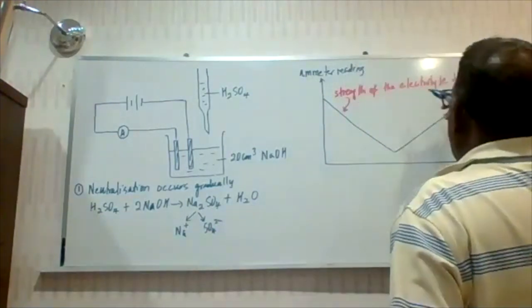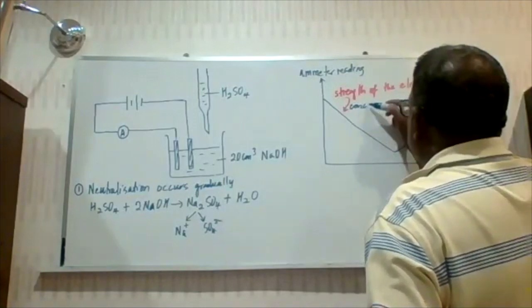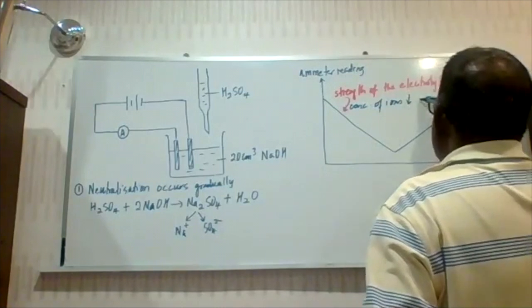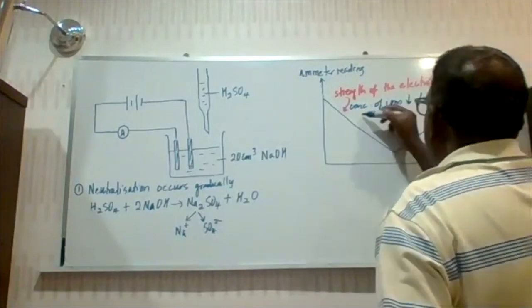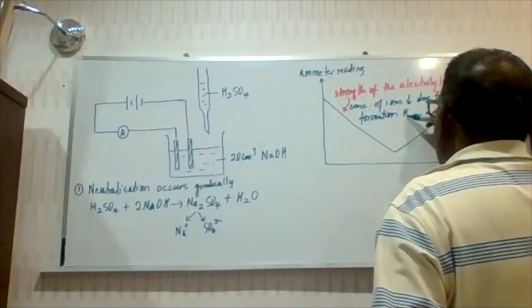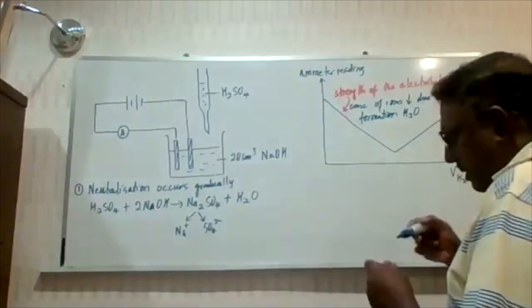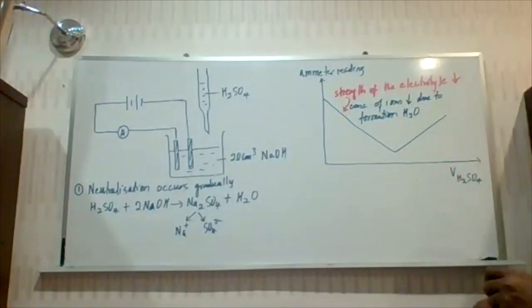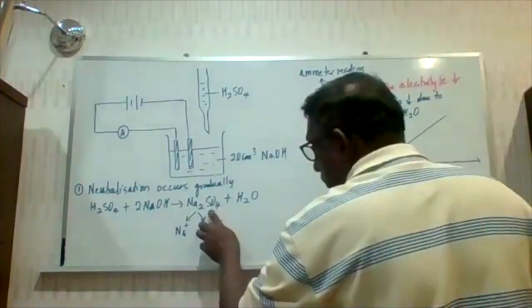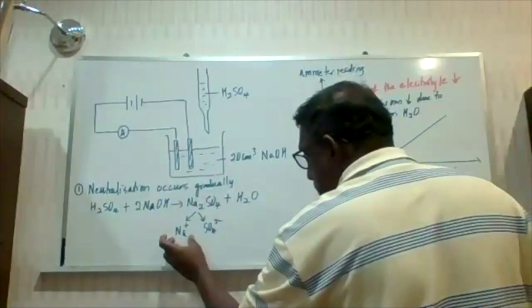So the strength of the electrolyte decreases because the concentration of ions decreases due to formation of water. That means the water dilutes the solution. That is your chemistry, that's your understanding of why this goes down. Because the salt is soluble, it exists as ions.